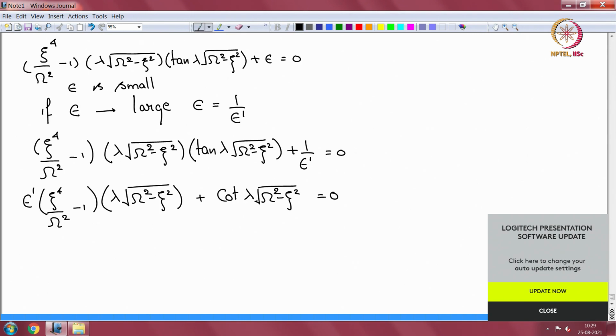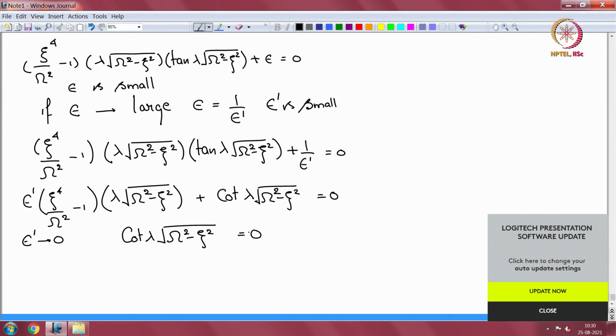Now, epsilon dash is a small parameter. So, now what is the basic solution, uncoupled solution? If epsilon dash is sent to 0, and my solutions are for cot lambda square root of omega square minus xi square equal to 0.